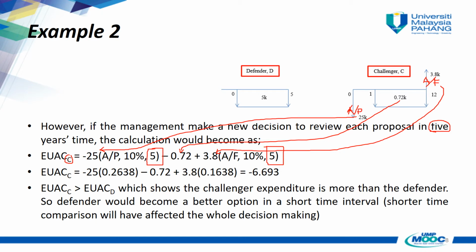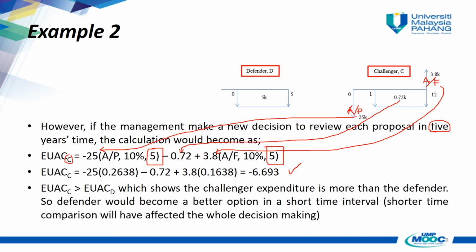Once we get the data from the compound interest table, we will see that the EUAC value for the challenger is negative 6.693.